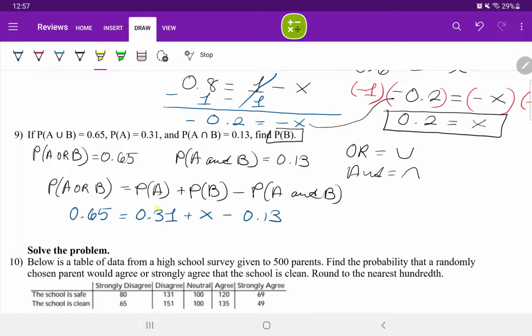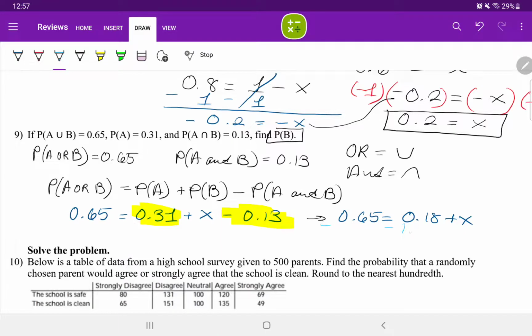On the right side, combine the like terms. So that's going to be 0.65 equals 0.18 plus X. My apologies, don't switch your symbols around.